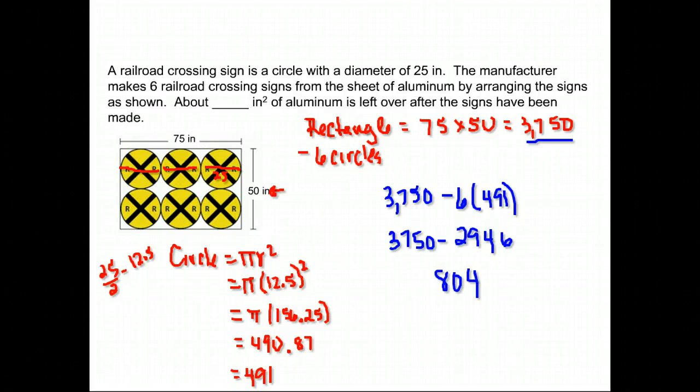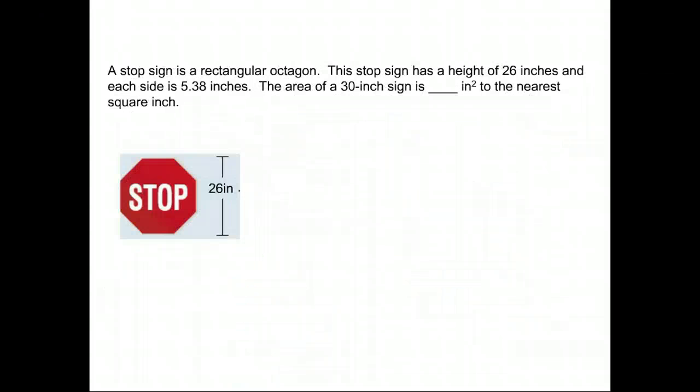And I get 804. So they are leaving behind 804 square inches of aluminum when they take this rectangle and punch out 6 signs. Okay, don't just write that as your answer, because I changed the numbers from the original question. You will get it wrong if you just write down my number. But if you follow the steps with the numbers they give you, then you'll be fine.